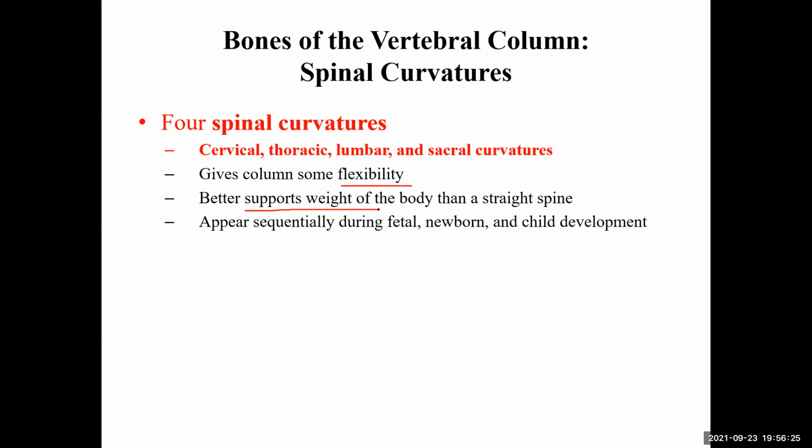Again, this goes back to engineering and all that fun stuff. If the spine were straight, you would not be able to bear as much weight as you do with those curves. Also, if the spine were straight, that would tension the spinal cord, and then you'd have a whole other host of issues. So the curvatures in the spine alleviate tension off of the spinal cord.